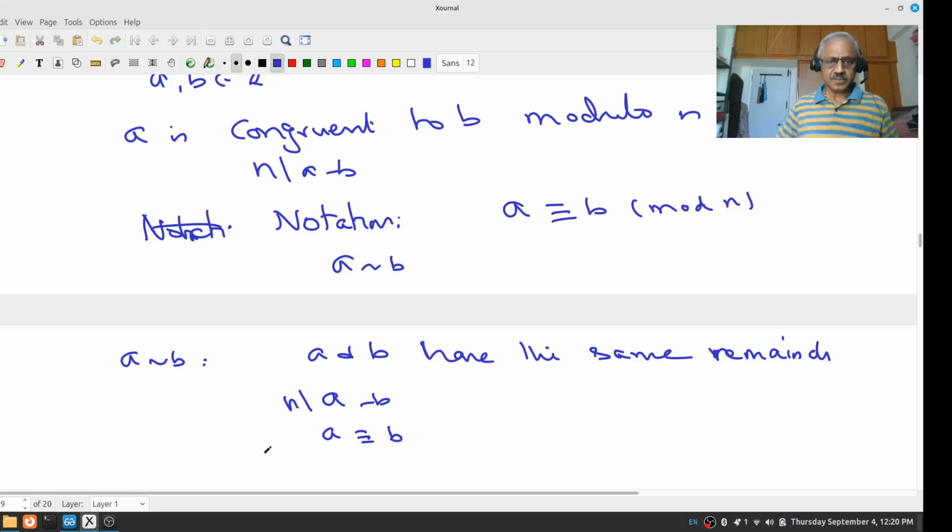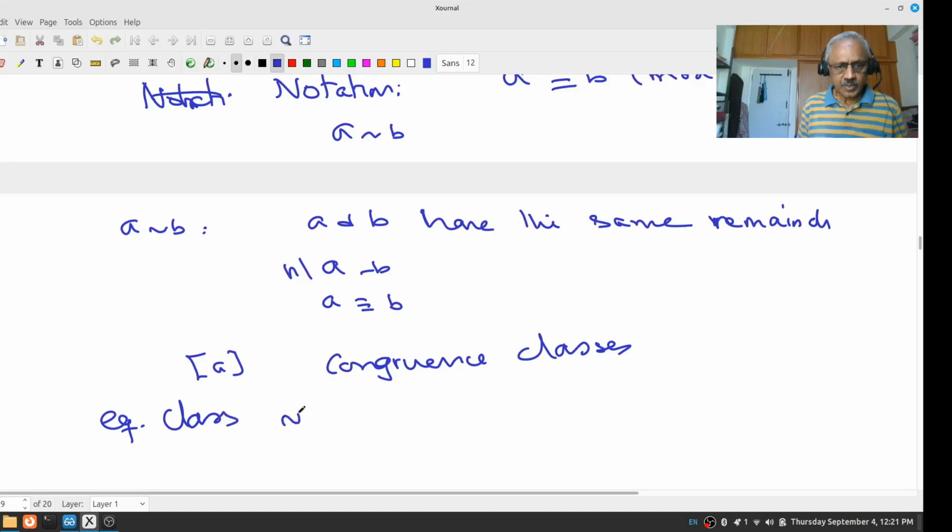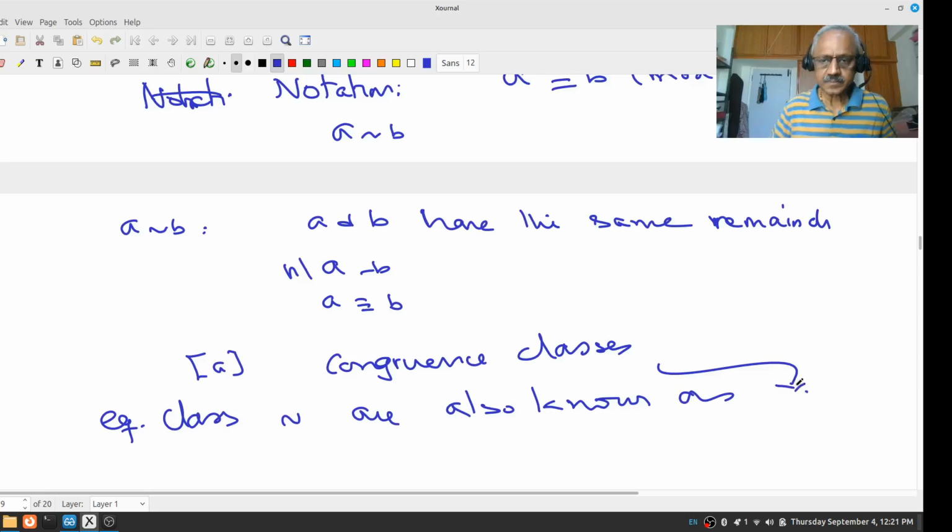All these are the same. Therefore, our equivalence classes of a, the equivalence classes with respect to this relation, are also known as congruence classes.